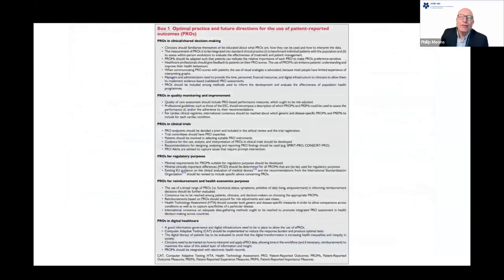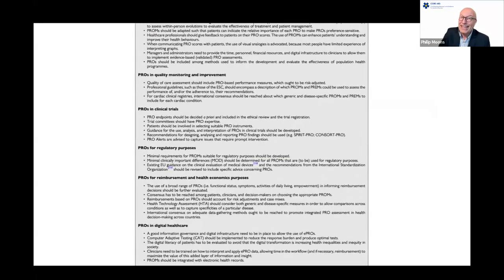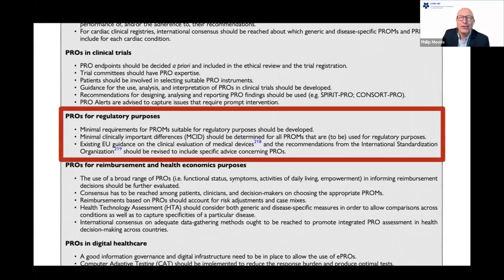What was important for the task force when writing this statement was we don't want to limit ourselves to say, okay, this is what we can do now, but we also want to guide future developments. And all these developments in the different domains where PROMs can be used are included in this box. Once again, let me focus on the regulatory purposes.